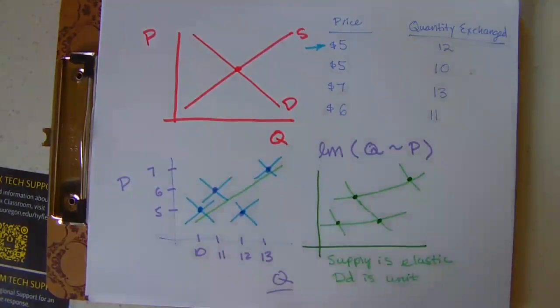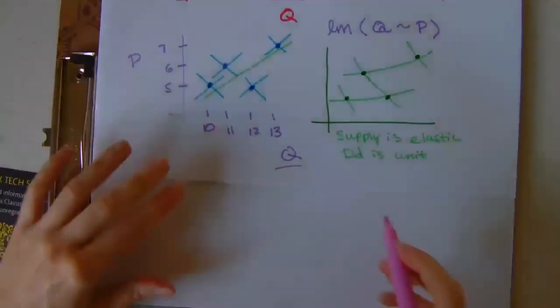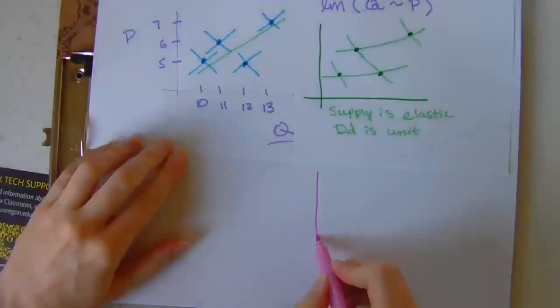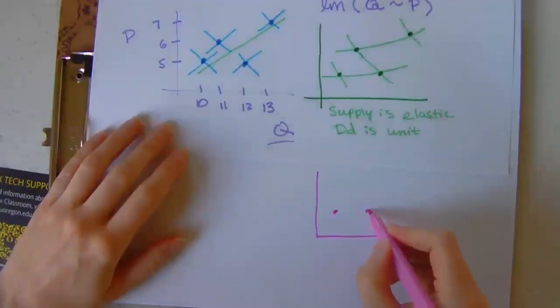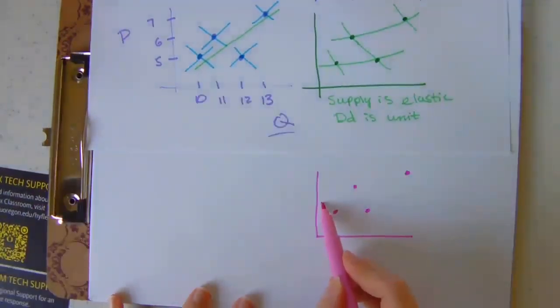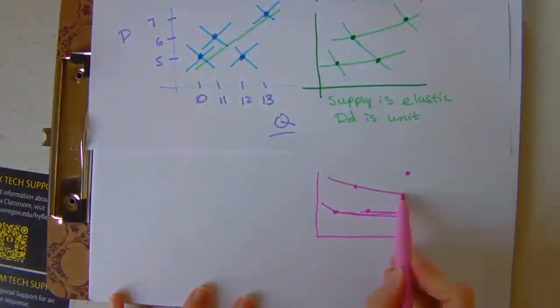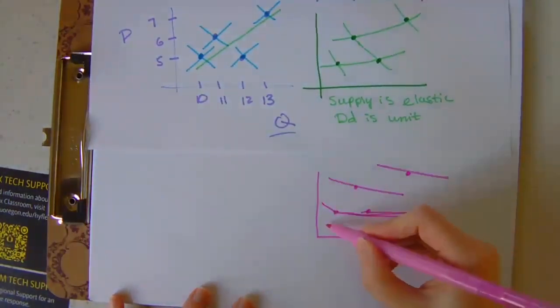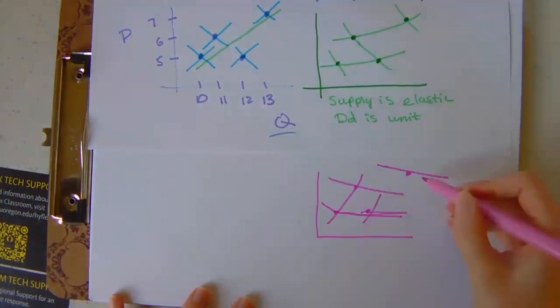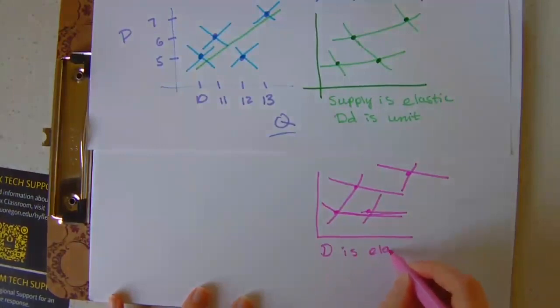We could also have the opposite scenario. We could have demand being really elastic. Let's say demand is this, goes through this point, sorry. And then supply is more unit elastic. Demand is elastic.